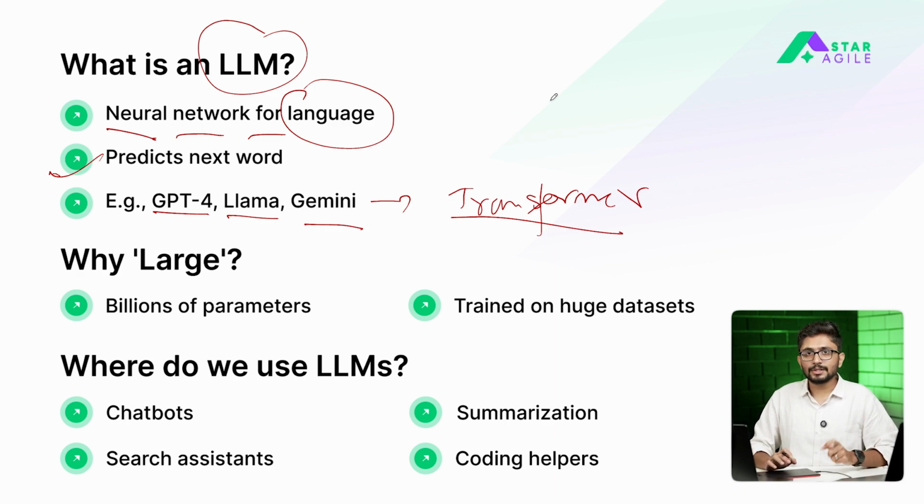The first part here is to understand why we call these models large. Why are these models called large language models? Because the parameters of these models are in billions or even trillions in today's day and age. Take a very popular model, for example, like GPT-3.